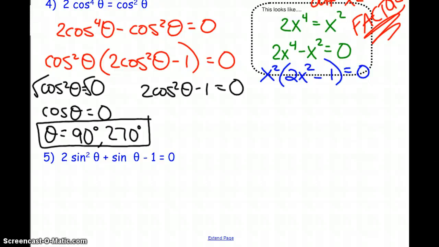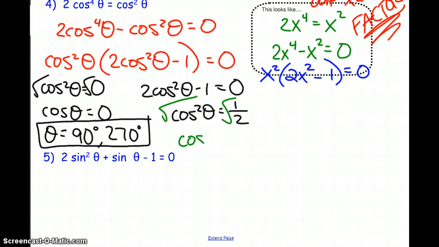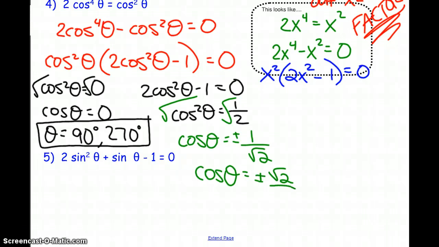So go ahead and get cosine squared by itself. I'm going to add that 1, divide by 2. And same thing, I need to get cosine completely by itself. So we're going to go ahead and square root. Cosine theta equals, square root of 1 is just 1, square root of 2. And whenever we take the square root, it's always plus or minus. Keep going, one more step here. Let's rationalize. Still plus or minus root 2 over 2.